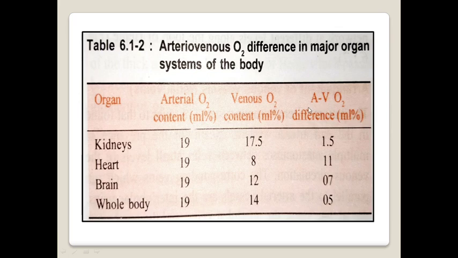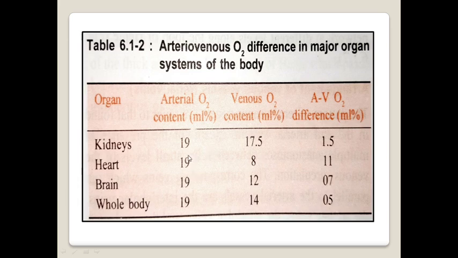If we calculate the arteriovenous difference of oxygen, it is only 1.5 ml percent. Means there is very little change of oxygen content from artery to vein. It means oxygen is very little utilized for metabolic activity in the kidney.